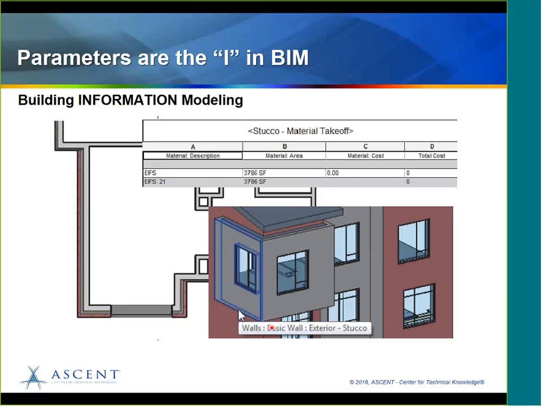Here's our wall down here. We've got a basic wall. You put that in. But what the parameters actually keep information, such as this information in a material takeoff schedule, the material description, the area, the cost, the total cost, all of these are parameters. And so we're going to talk about that information that we need there.